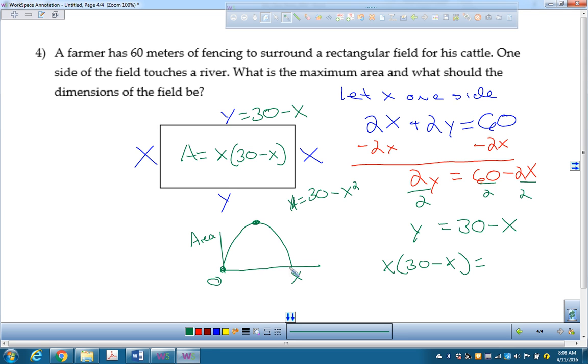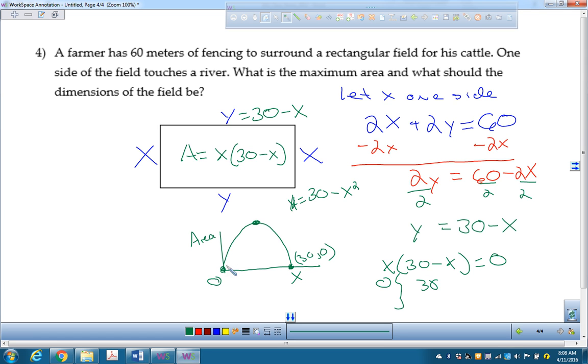Look at this equation. If I said that equals 0, what two values give me this equal to 0? 0 and what else? Not negative 30. Positive 30, right?